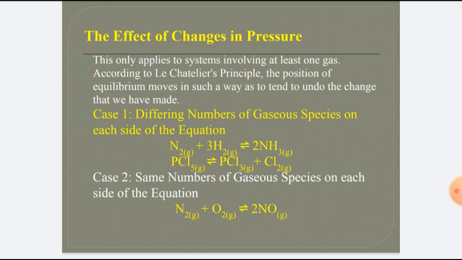This one would be affected by pressure because there are 4 molecules on the left but only 2 on the right. An increase in pressure would move the position of equilibrium to the right.